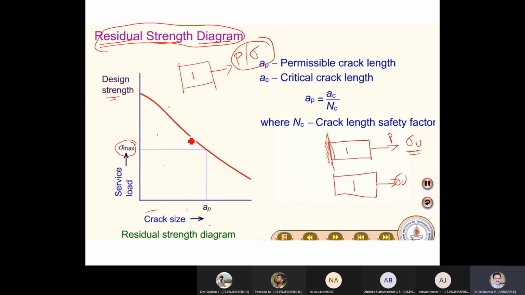So initially I have one crack length, and that particular crack length will grow. If that growth reaches AP, I have to stop, or I have to replace that particular component.